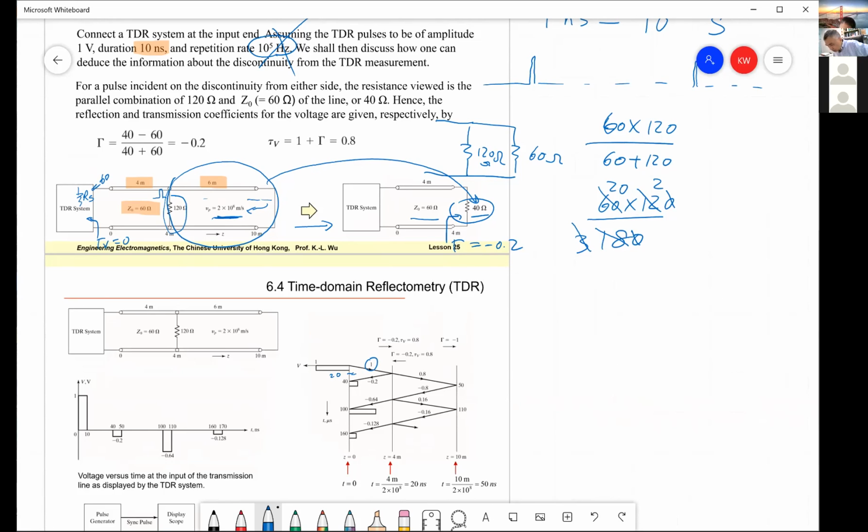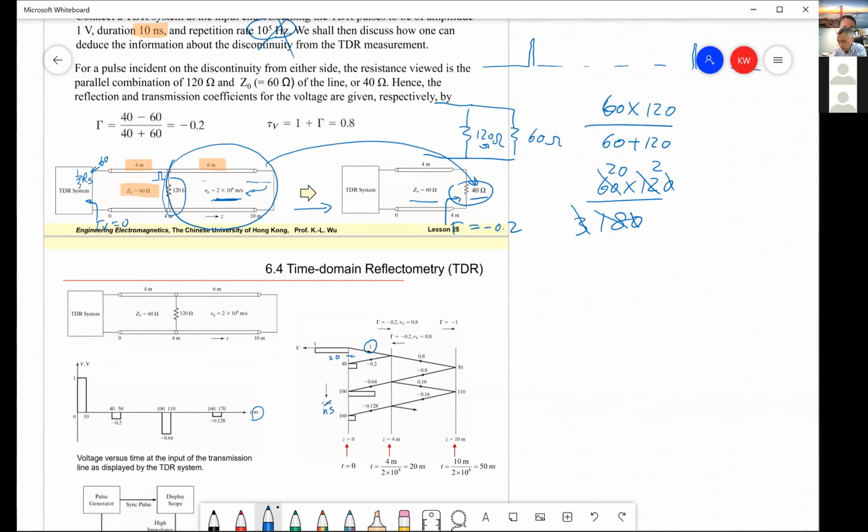Why is this in microsecond? Sorry, I think this is wrong. This should be nanosecond. Okay, yes, this is right. This is nanosecond, not microsecond.